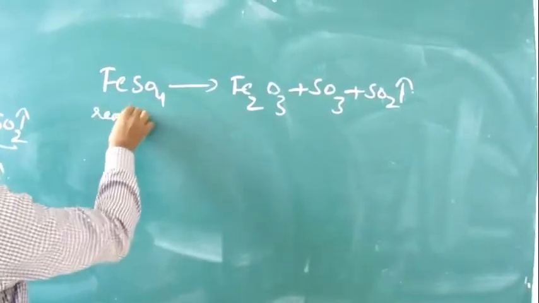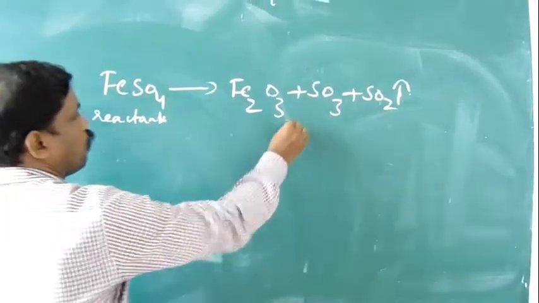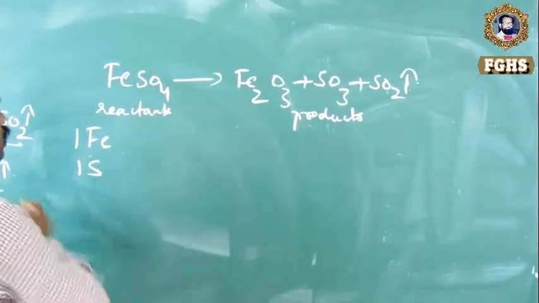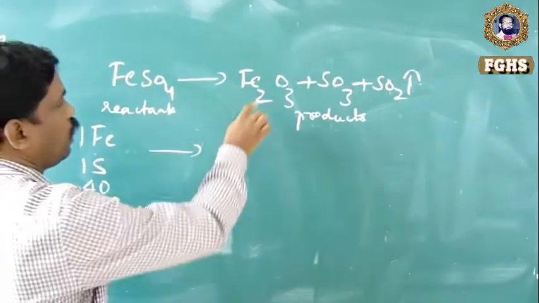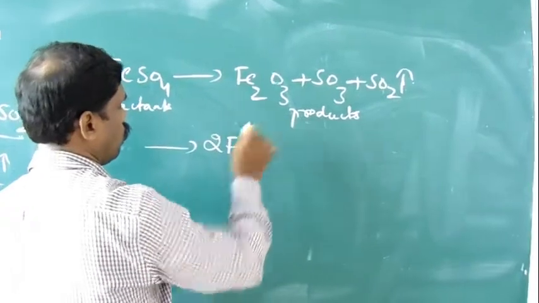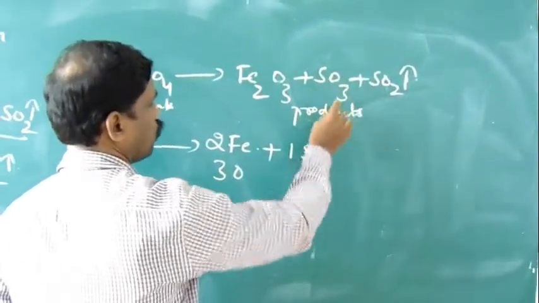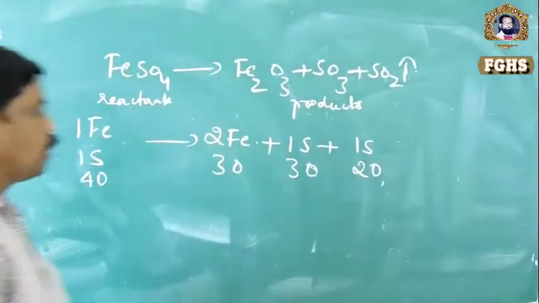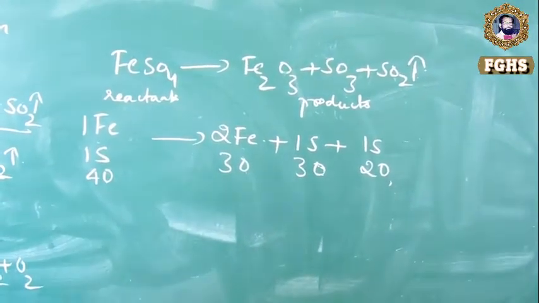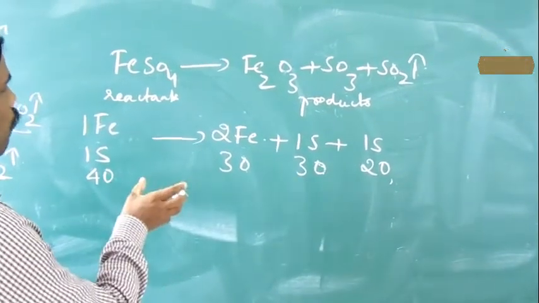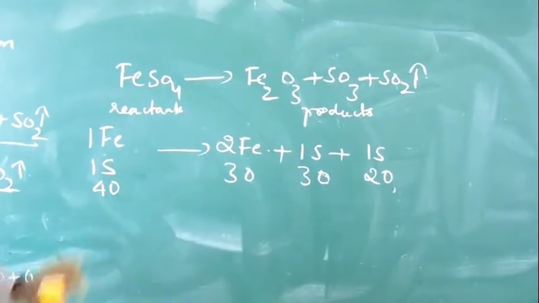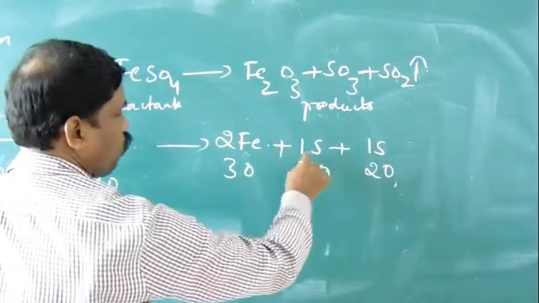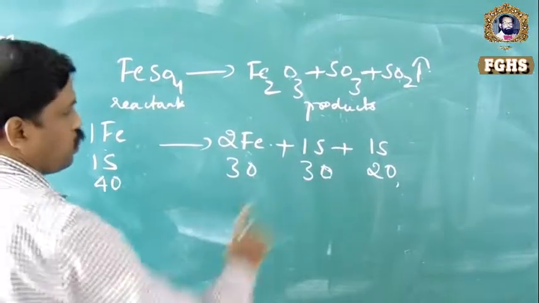On the reactant side, only one Fe, one S and 4 O. But on the product side, 2 Fe, 3 O plus 1 S, 3 O, 1 S, 2 O. Now, if you see both sides of the equation, which element is balanced here? 1 Fe here, 2 Fe there; 1 S here, 2 S there; 4 O here, 6 O there.